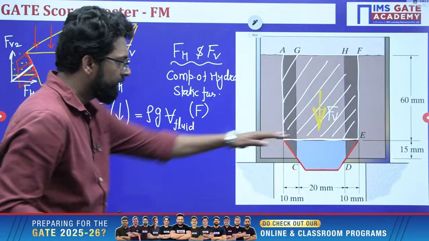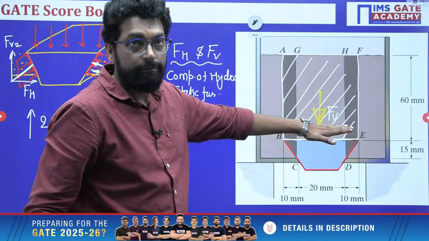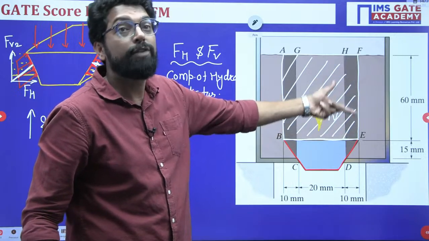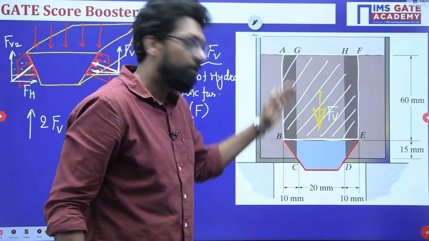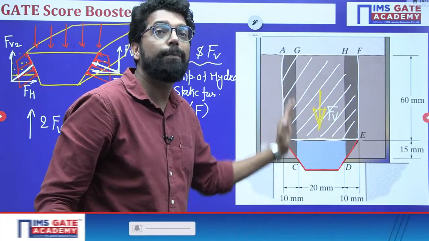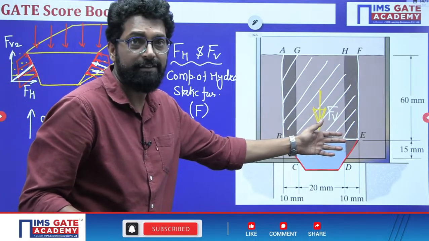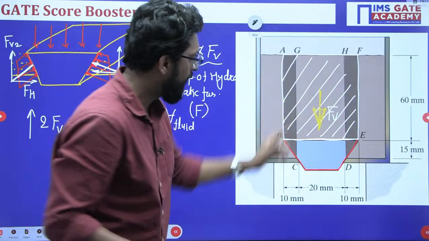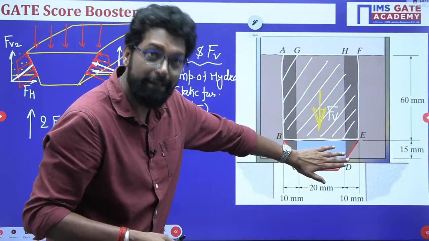Because this is the weight. Vertical force is the weight of the fluid content above the free surface. Horizontal force is the centroidal pressure of the projected area, so there is no horizontal force in this case. Only the vertical force downward, and two vertical forces upward, and both are balanced, so the plug is in equilibrium.